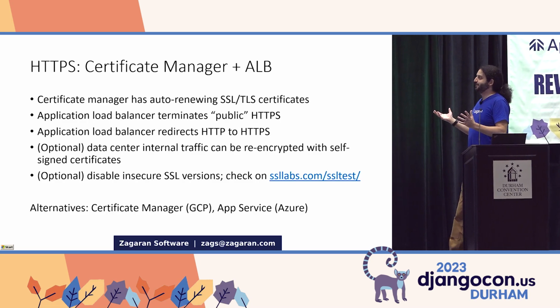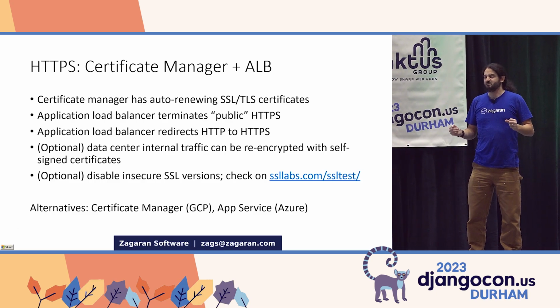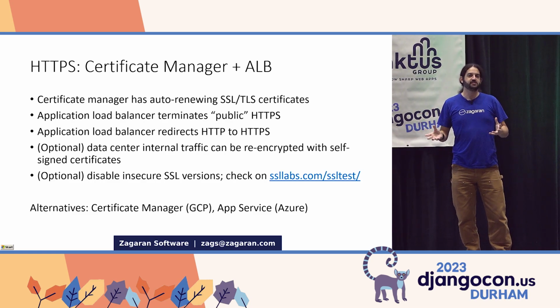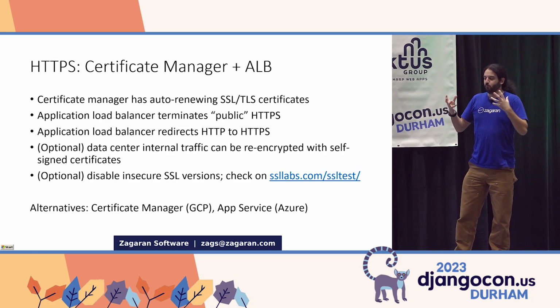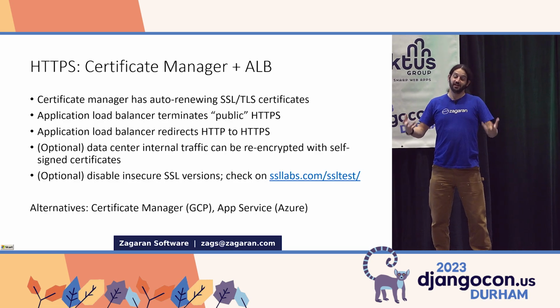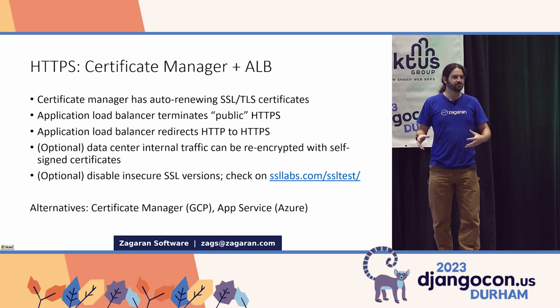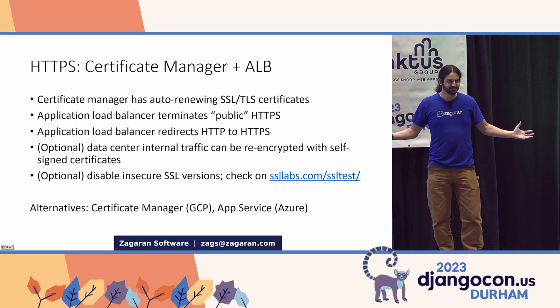Beyond that, they can do HTTPS. Isn't that great? HTTPS is not that hard to set up these days, but why bother? Why take that extra work? The whole point of this, I would say DevOps done well, is you do less work managing your servers so you can focus on writing your Django code, right? Isn't that what you all want?